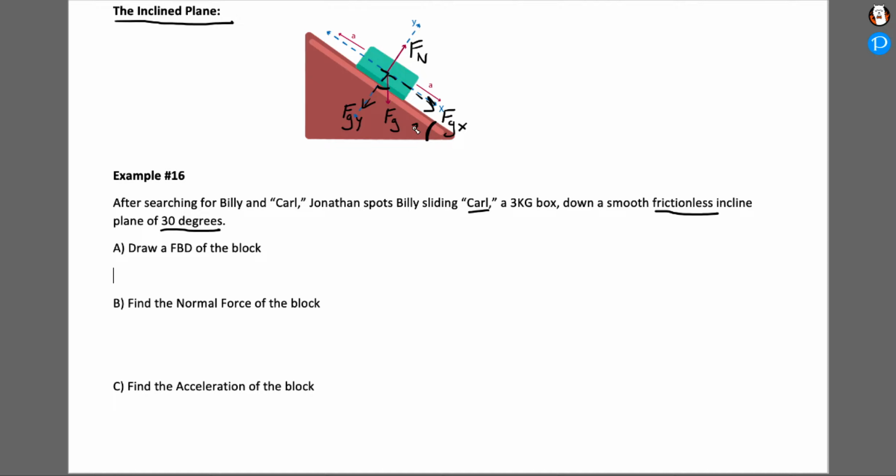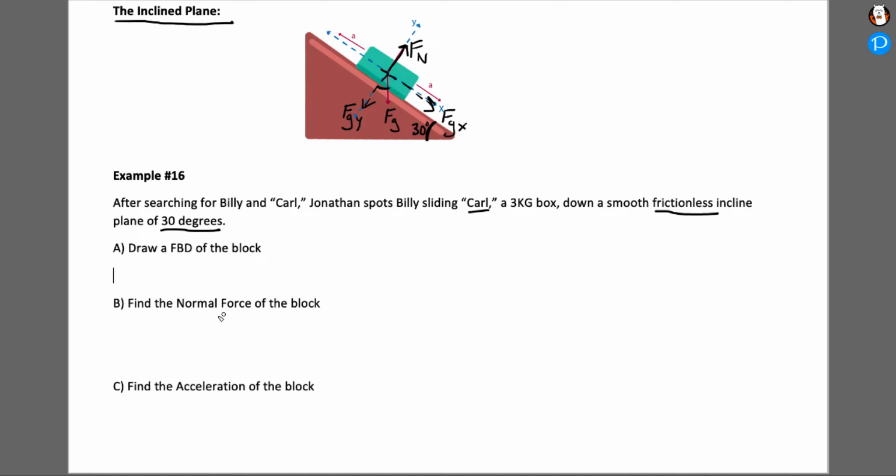And we're going to make this angle 30 degrees, which remember, if the angle of the incline is 30 degrees, this angle here is also 30 degrees. And so there's my force diagram here. I've got my normal force acting on the box, and then my two components of gravity that are pulling the block this way and holding the block to the surface of the incline. So there's my free body diagram.